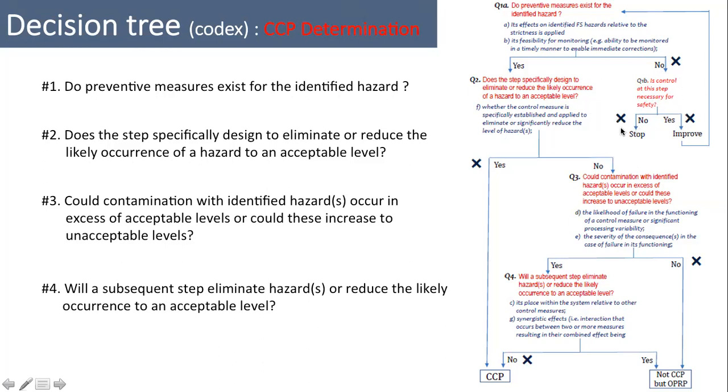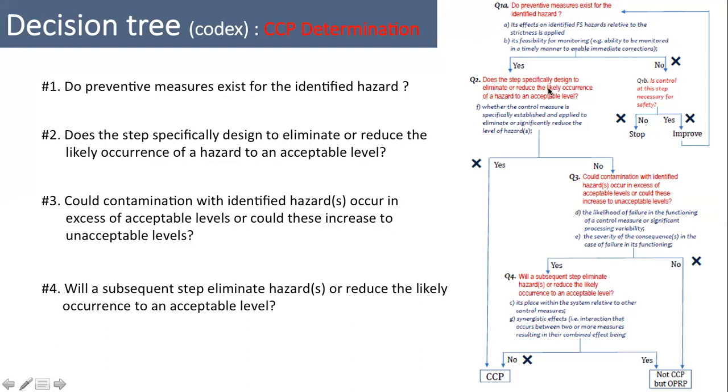If not, then stop. If yes, then we have to improve the hazard identification, right? Under no. If we have implemented any preventive measures, then the answer should be yes. Now we have installed some magnets in our processing line.